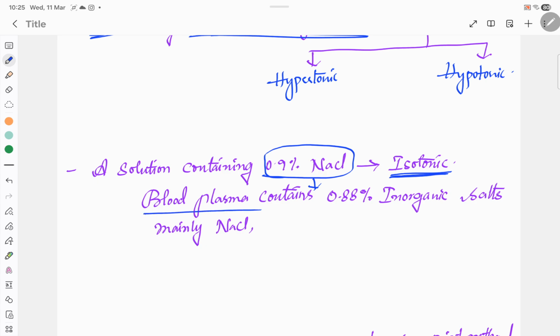Because the blood plasma consists of 0.88% of inorganic salts, mainly sodium chloride. So a solution that contains 0.9% of NaCl is practically called isotonic with blood plasma and is regarded as a standard.